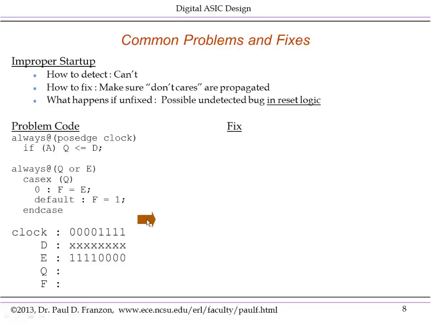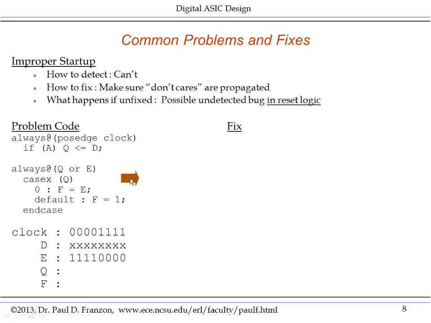So here we have an example. Let's say we have this flip-flop here, and this actually is part of the state of the machine, and we should have applied reset to it, but we forgot to do so. So there's no "if reset_bar, Q equals 0". The output Q of this then goes to a combinational logic block, and here we have a case statement.